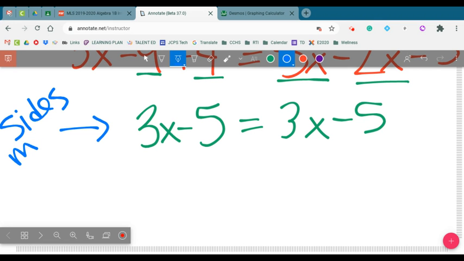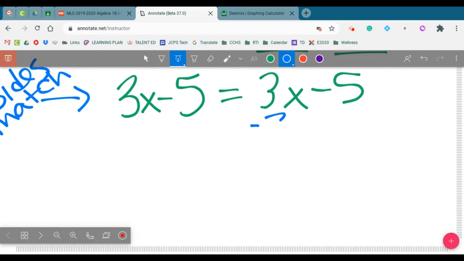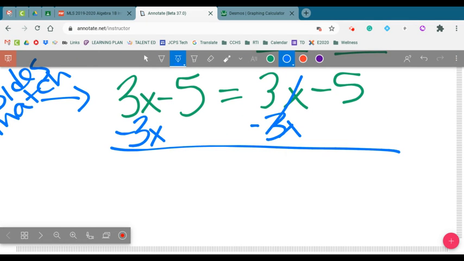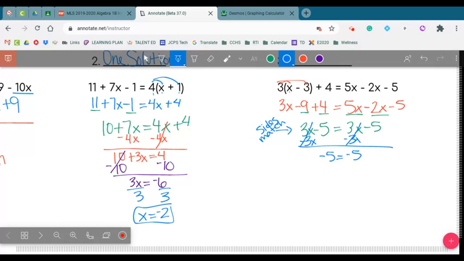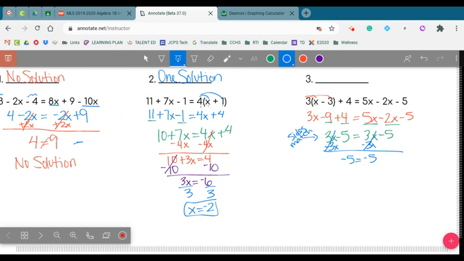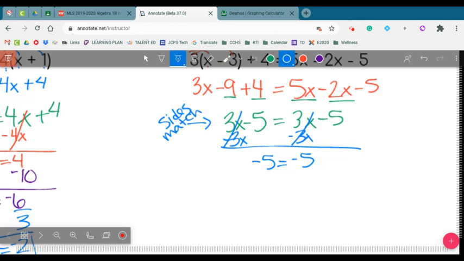Now, I want you to notice right here that my sides match. If you notice that they match exactly, you can stop right there. Now, if you don't notice that, we're going to keep going. We're going to subtract 3x because we want to move our variable. 3x minus 3x is going to cancel on both sides. So I get negative 5 equals negative 5. So on this one, unlike our first one where our sides didn't equal each other, this one, my sides equal each other.